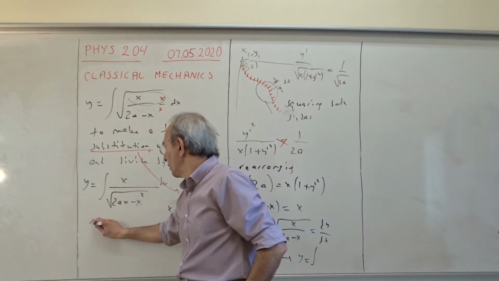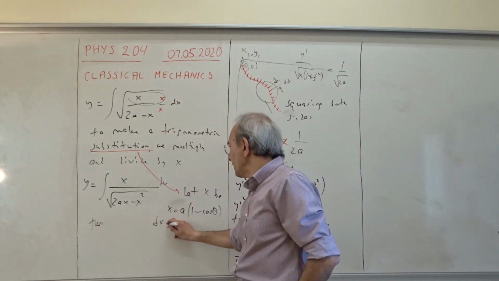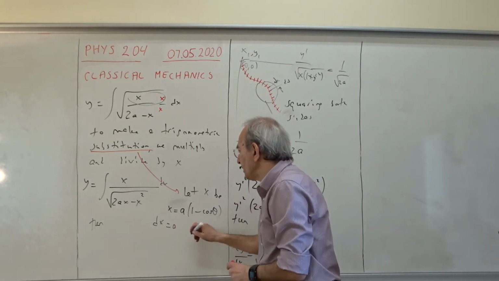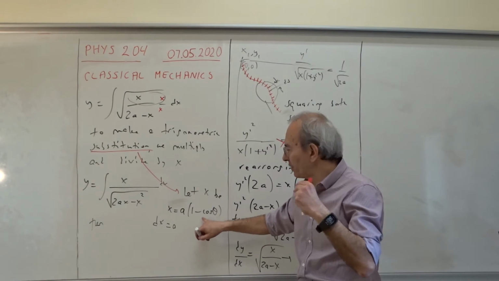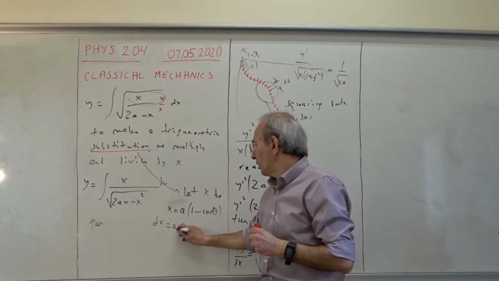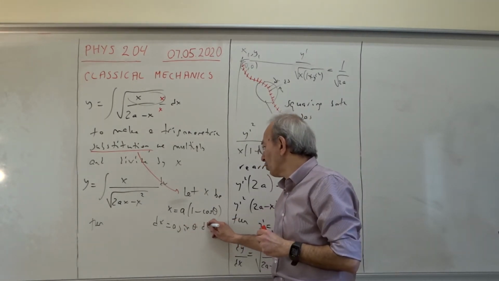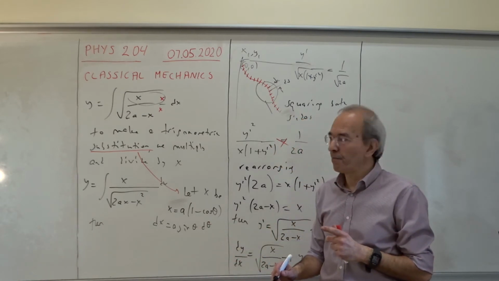Then, of course, dx will be a times the derivative of the inside. What is that? Cosine will be minus sine, but there's one more sign, so minus a times sine theta, but don't forget d theta as well.